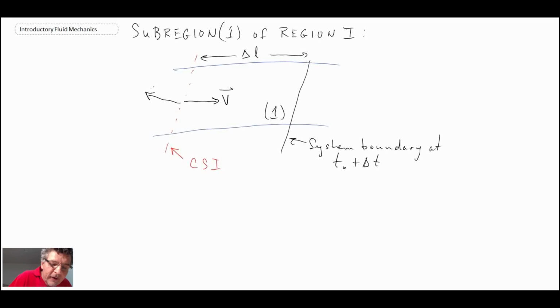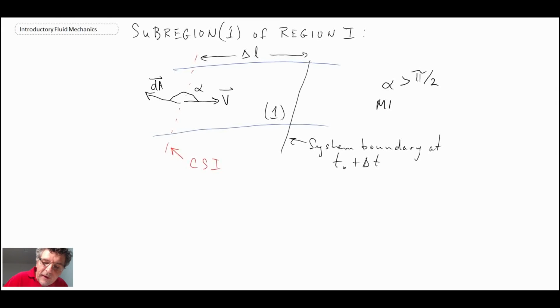Now, the area here is going to be a little different from the way that we drew it before, because if you recall, area, we always have it projecting outward from our control system. And so this is the inlet to the control system. So the area is projected outwards, and consequently alpha, the angle between the velocity vector and the area, is greater than 90 degrees.